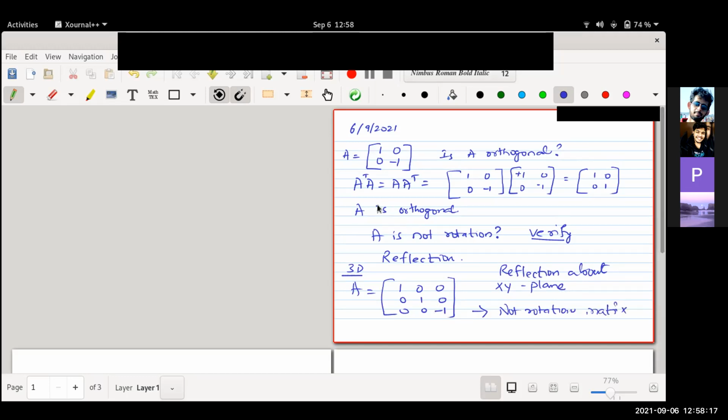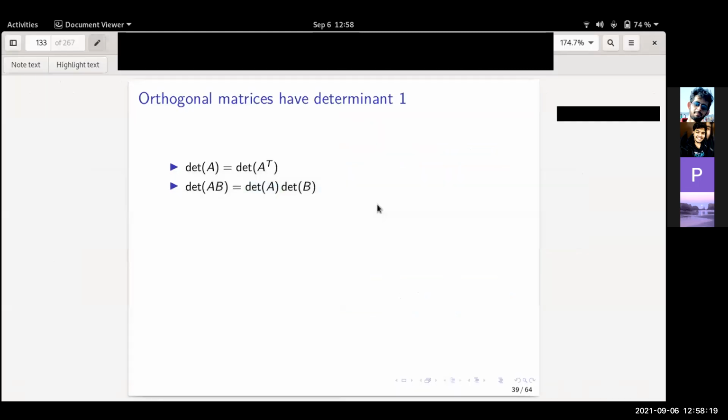So therefore, it is important to see why this rotation matrix should have determinant equals to 1. For that, we consider these two properties. It turns out to be true that determinant of A is equal to determinant of A transpose. So instead of expanding by row, if you expand by column on the transpose matrix, you get the same result.